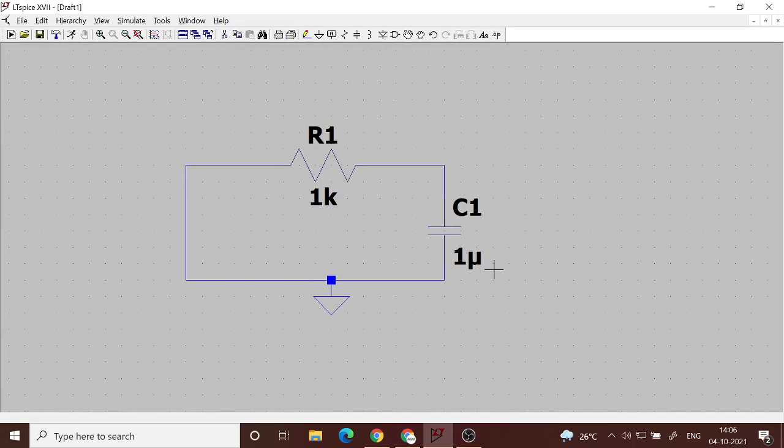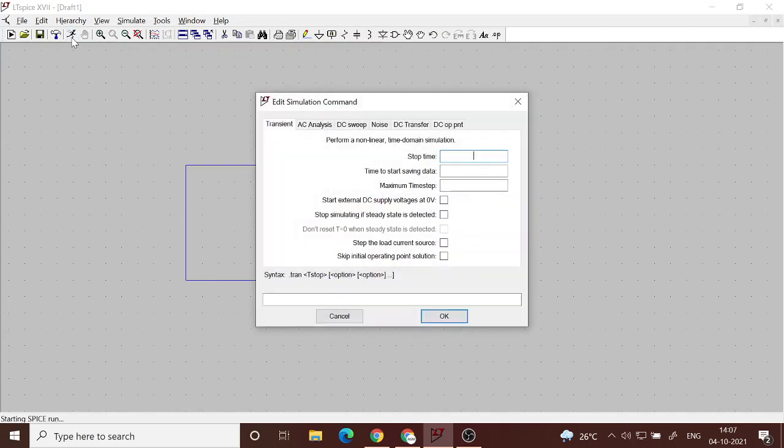Now, if there is no input waveform, if you run this, let's say we are applying a transient analysis. Since the time constant is 1 millisecond, let's say 5 millisecond, we will execute the simulation for 5 millisecond.